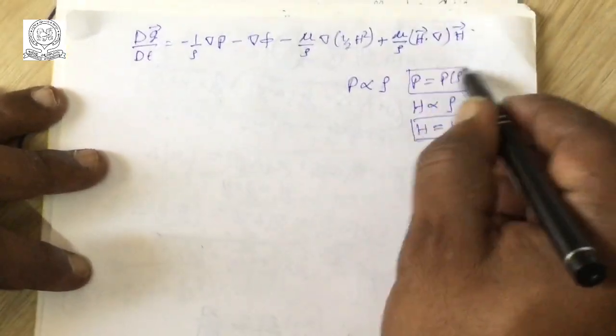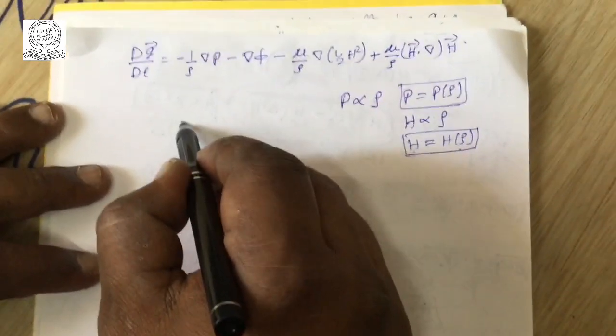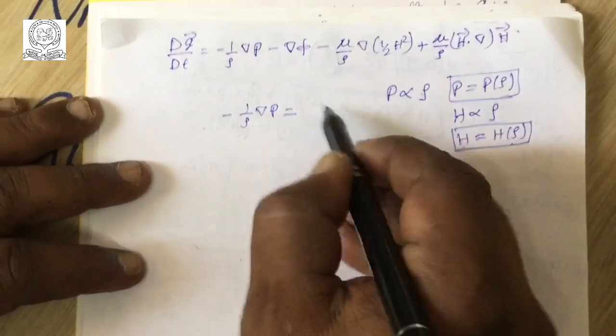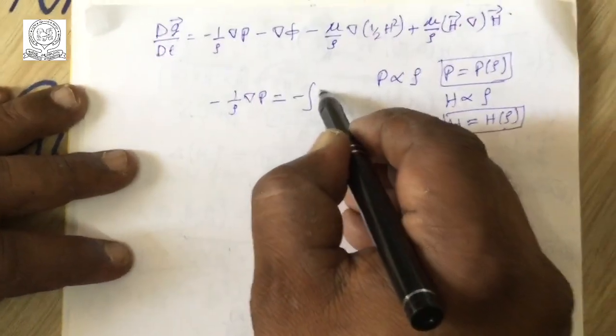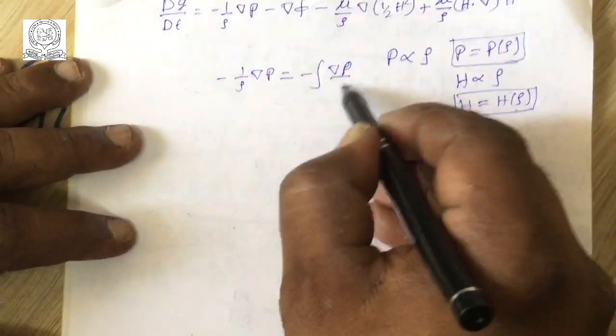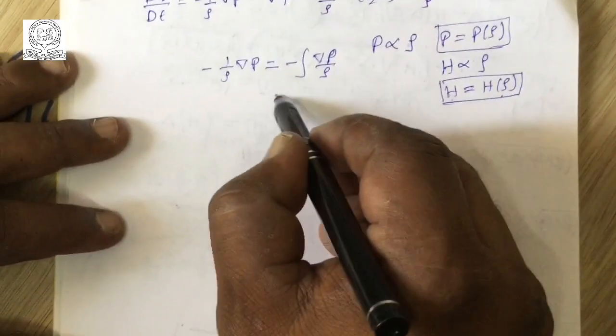By using these two concepts, in fluid mechanics you can write minus 1 by rho into gradient of p as minus gradient of integral of dp by rho. I mean you take the gradient outside.